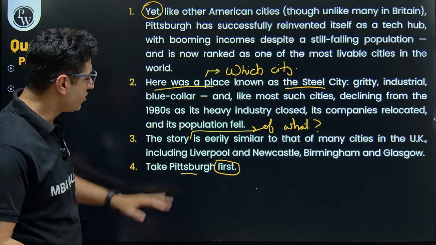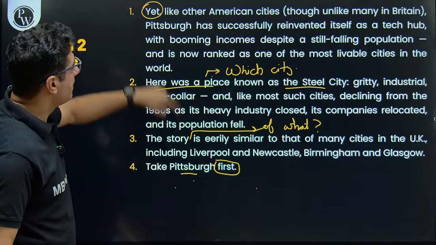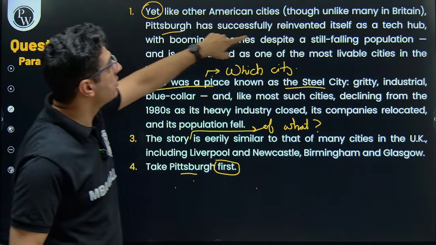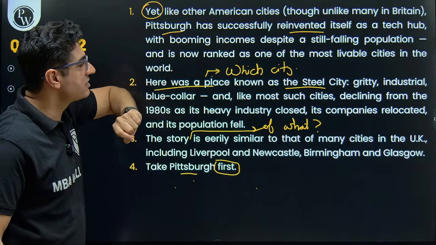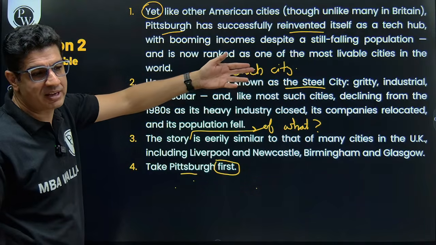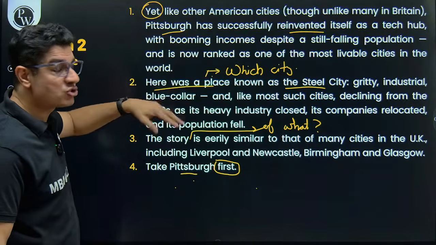So now that we've read it all, check this. Which city? Pittsburgh. Then first also talks about Pittsburgh reinventing itself. So if you want to reinvent something, you need to tell, and there is a sentence that talks about how it used to be earlier. That sentence needs to come before.